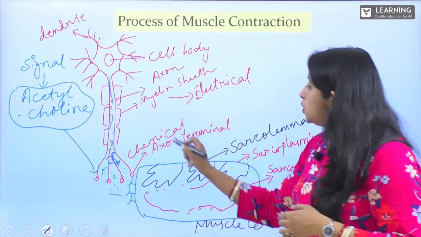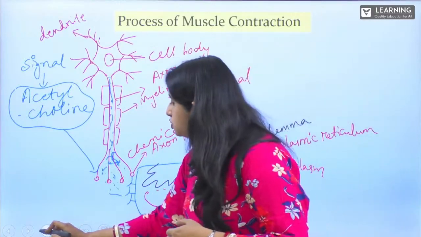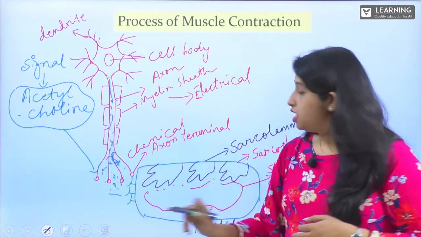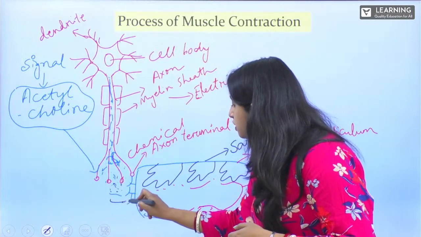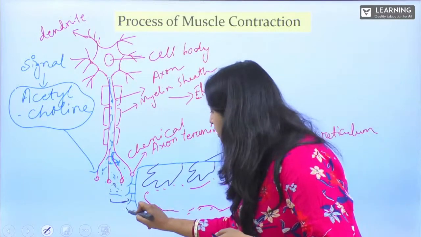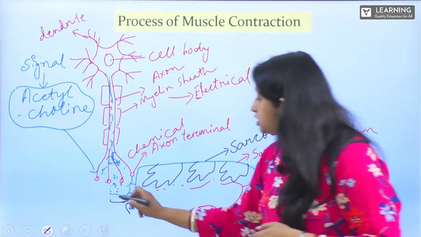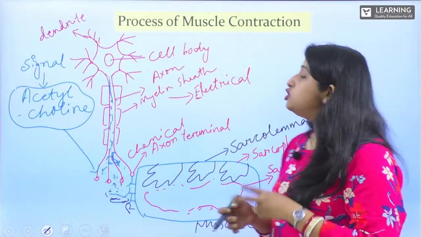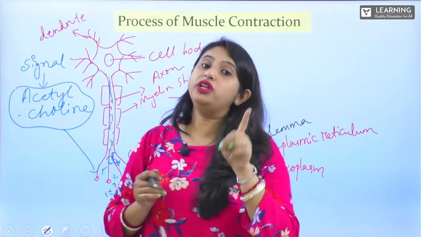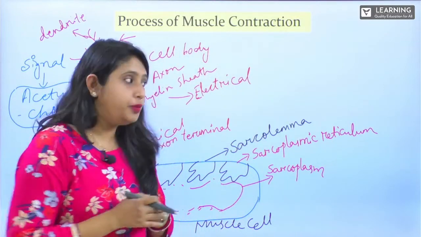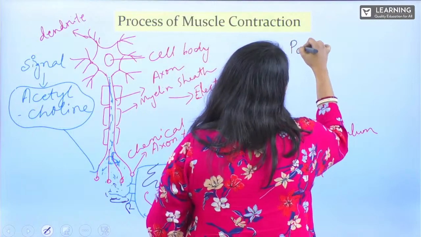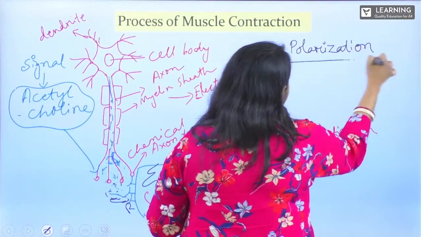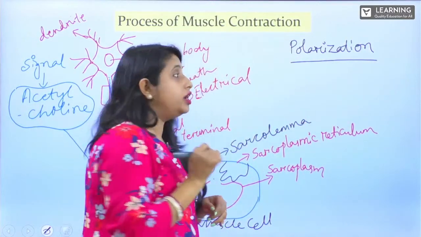When the signals, that is the acetylcholine, come and bind to the receptor, let me write R here, this is the receptor, that is known as depolarization. Two things might happen: one is polarization and another is depolarization.